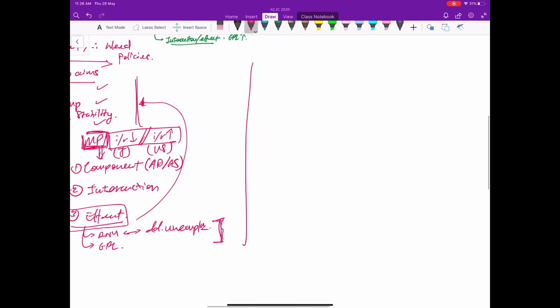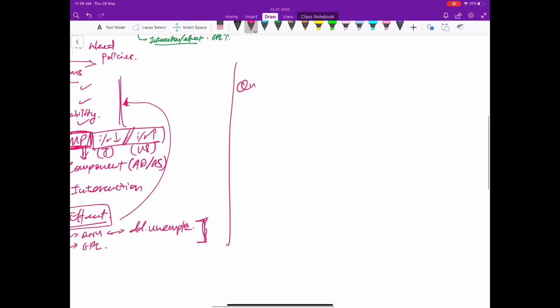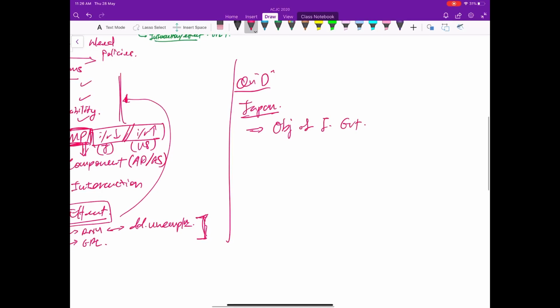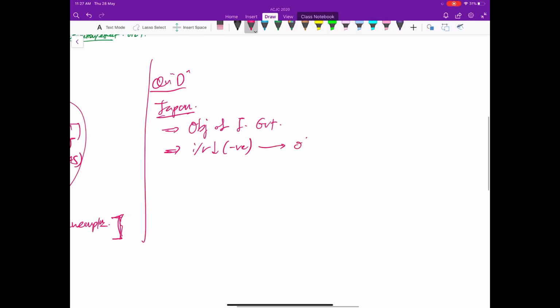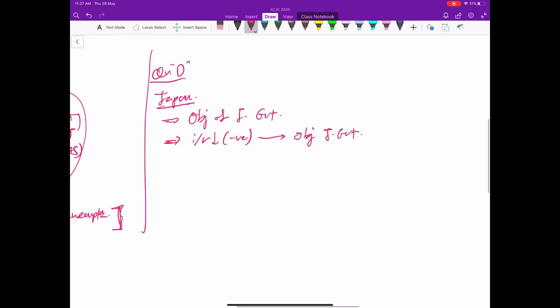Okay, so let me write that out. Question D. For Japan, you need to understand the objective of the Japanese government. You also need to explain how the interest rate reducing to the fact that it's negative achieves the objective of the Japanese government.